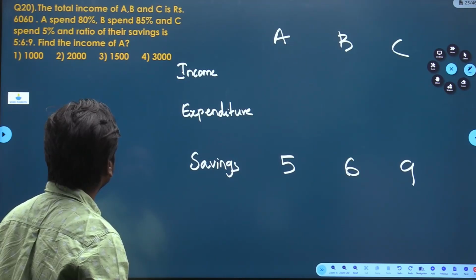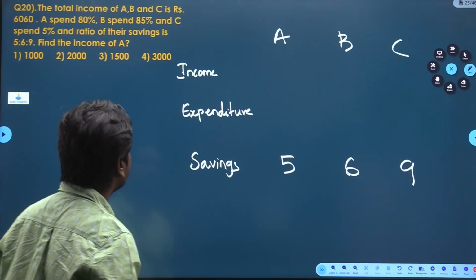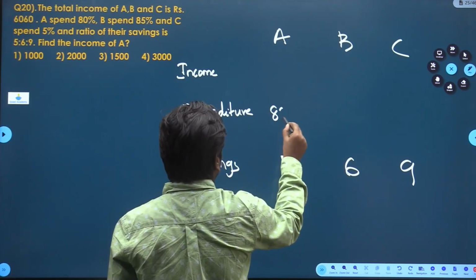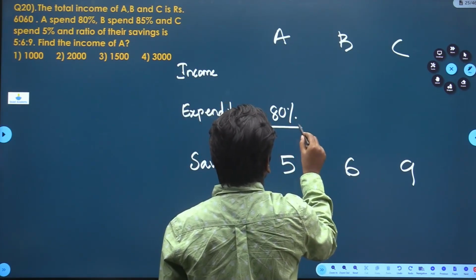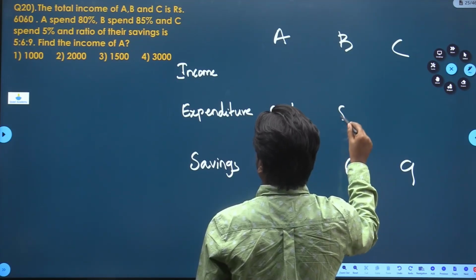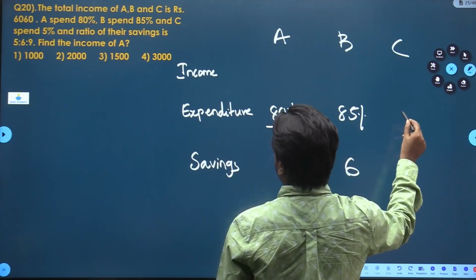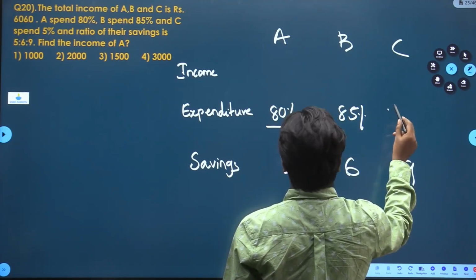Expenditure of A is 80%, expenditure of B is 85% and expenditure of C is 5%.